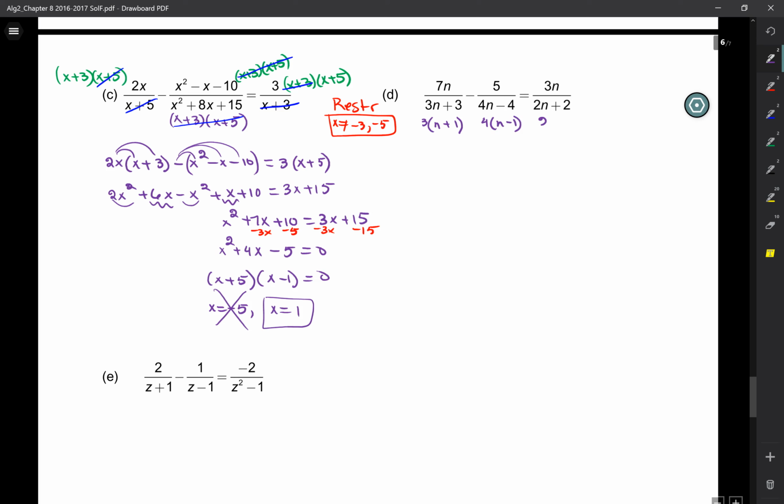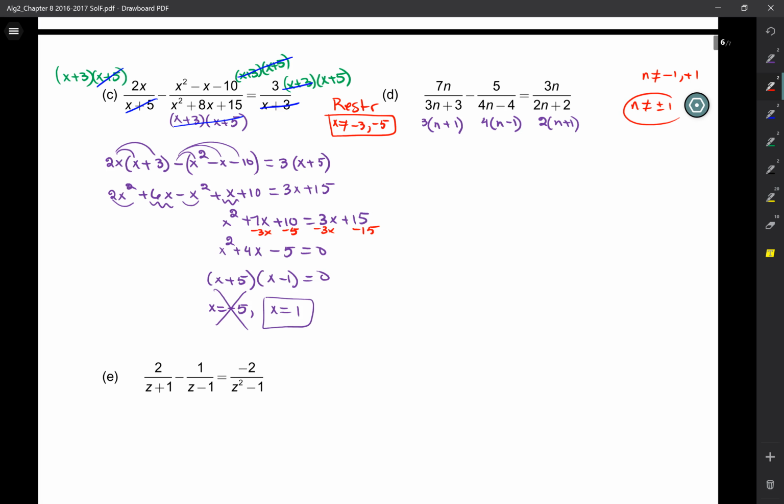This is a fun one to factor. So what are the restrictions? n cannot be -1 or +1, so I can write it like this, or I can say n cannot be plus or minus 1. How did you figure that out for the restrictions?